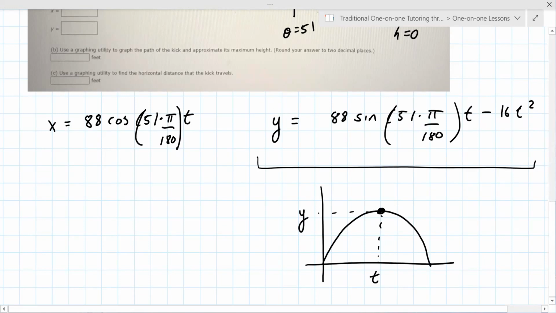Not sure why yours is wrong, Niko. Let me graph it again. I'm going to graph Jamie's here, and I'll snip one in if I need to. 88 sine 51 times pi divided by 180 x minus 16x squared. Yeah, I get a max height of 73.08 feet.